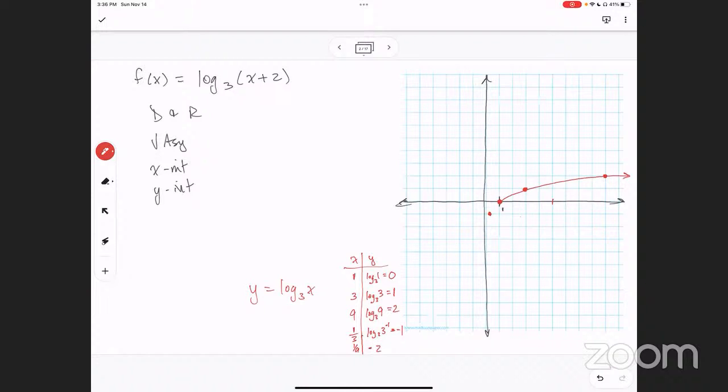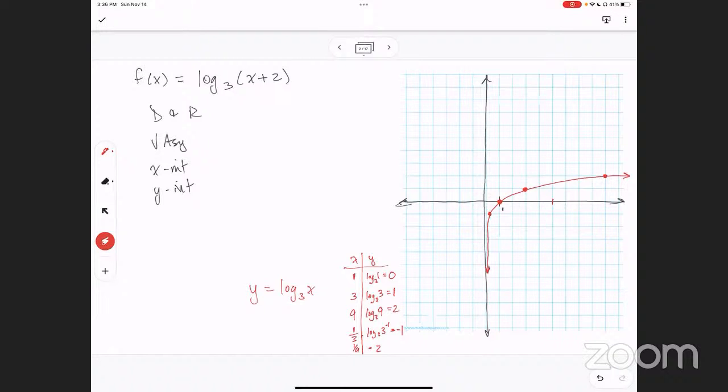So do you understand what's going to happen over here? It's going to approach but never reach that line. So that's the general graph, or the standard graph for a logarithmic function. Notice that we have a vertical asymptote, and it's at the y-axis.